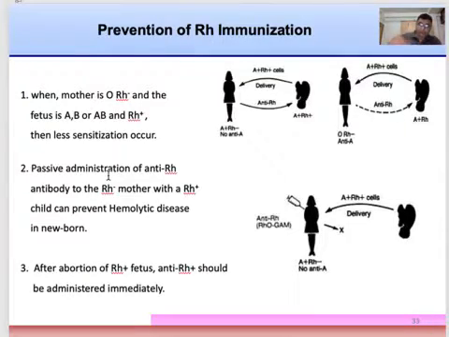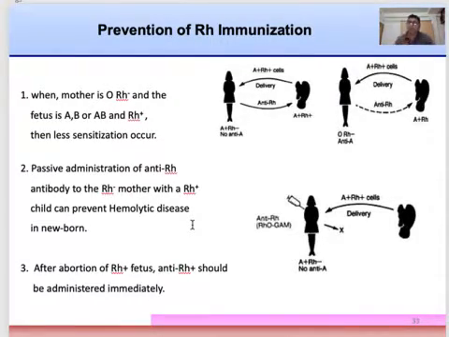Now, what do we need to do after the birth, or if any abortion occurs? After birth or abortion with an Rh positive fetus, anti-Rh should be administered immediately.